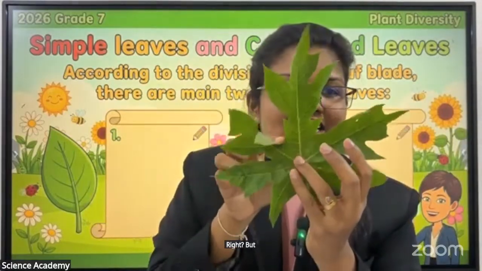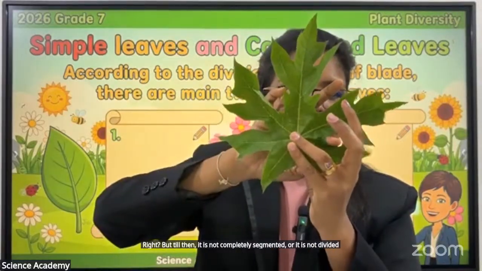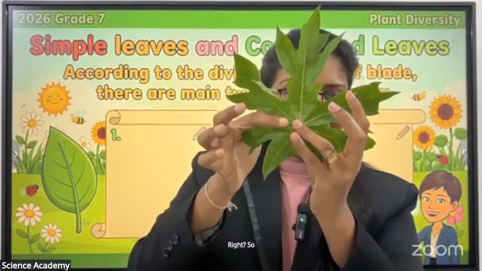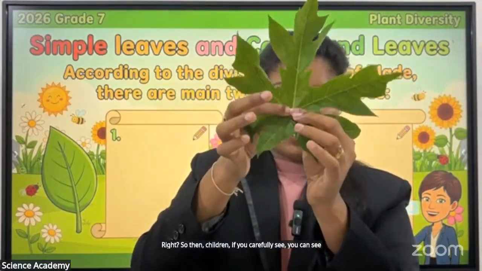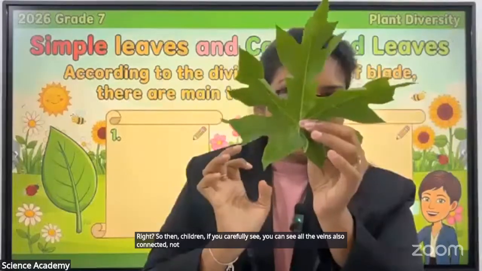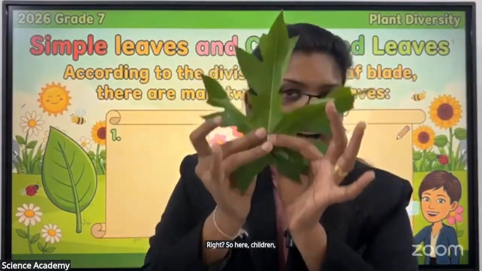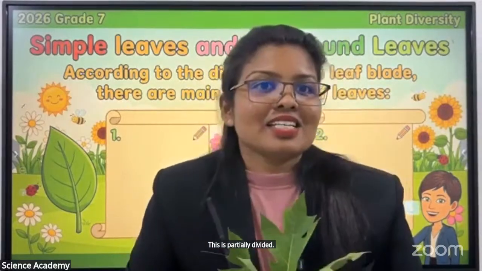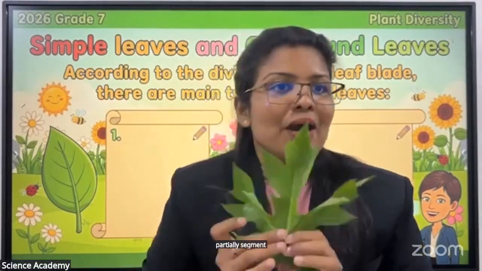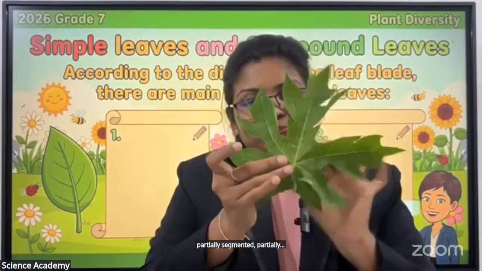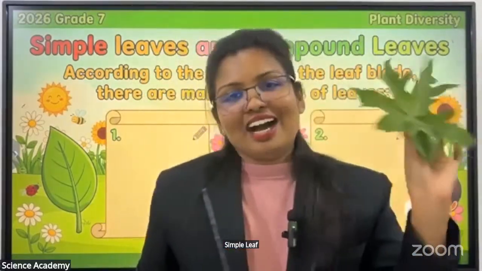But children, it is not completely segmented or divided. If you carefully see, all the veins are connected, not completely divided. So this is a partially divided simple leaf, partially segmented. Okay? Right.